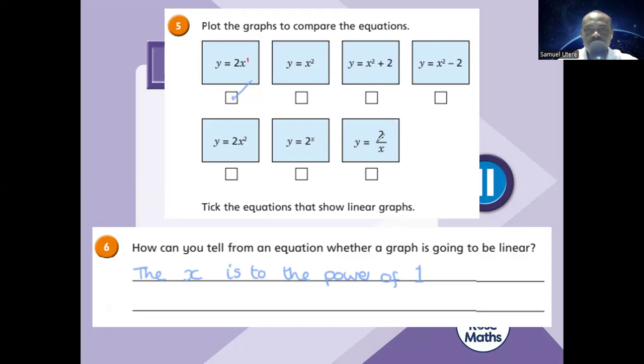Now this one, don't get too confused about this, because we can rewrite this as 2 times 1 over x. And I'm going to be explaining when we get to this point why this is not actually to the power 1. I will explain it. We'll get to that. Okay, let's move on.